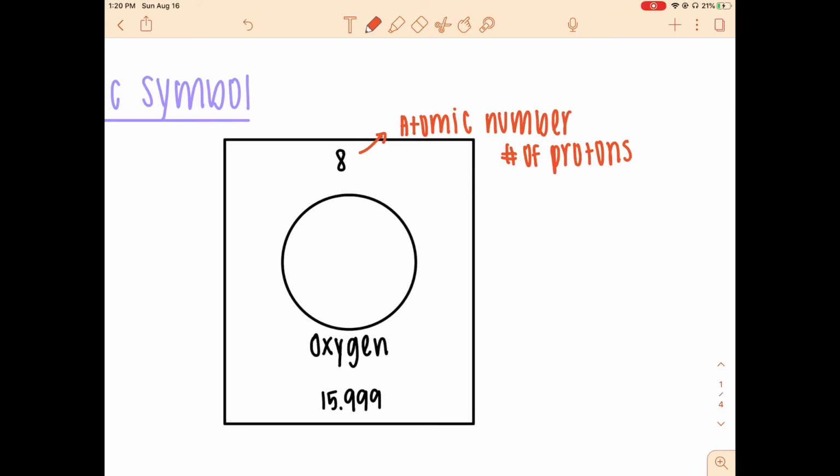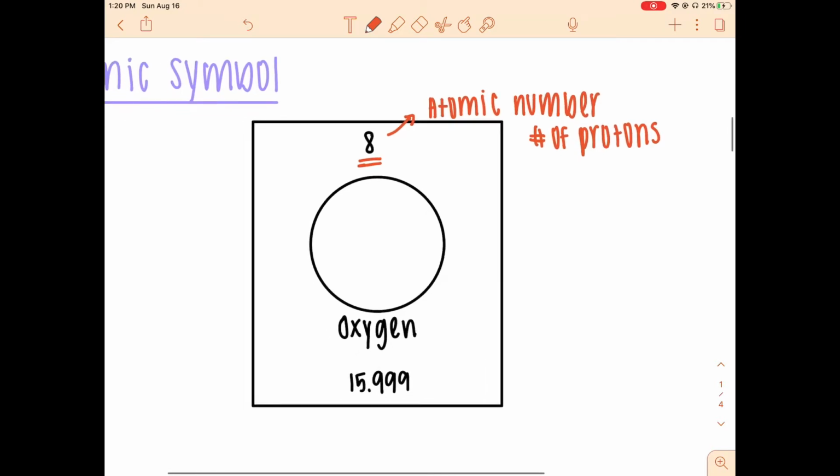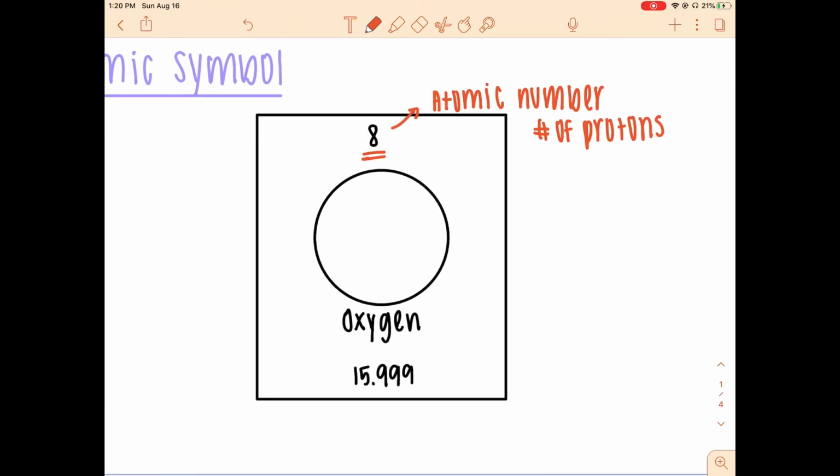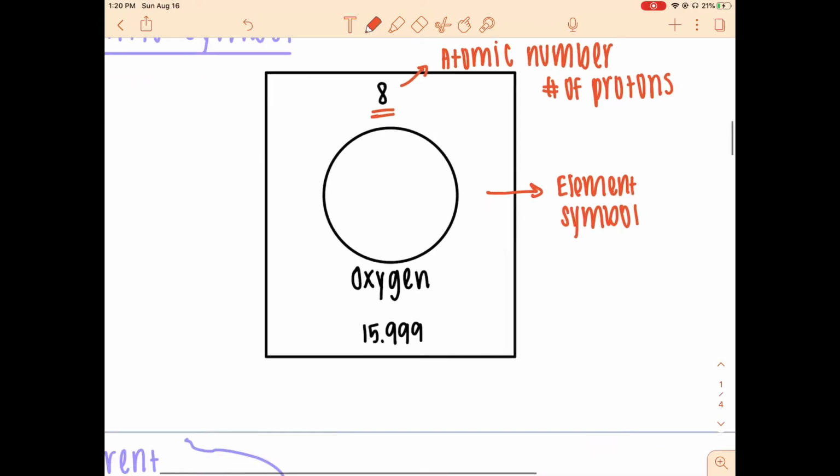Then we have the symbol for the element. If you look there, that's supposed to be an O. It looks more like a circle, but it's an O. That's the element symbol, the uniform, universal way that we represent an element, and that's what you're typically going to see in equations when you go on later.